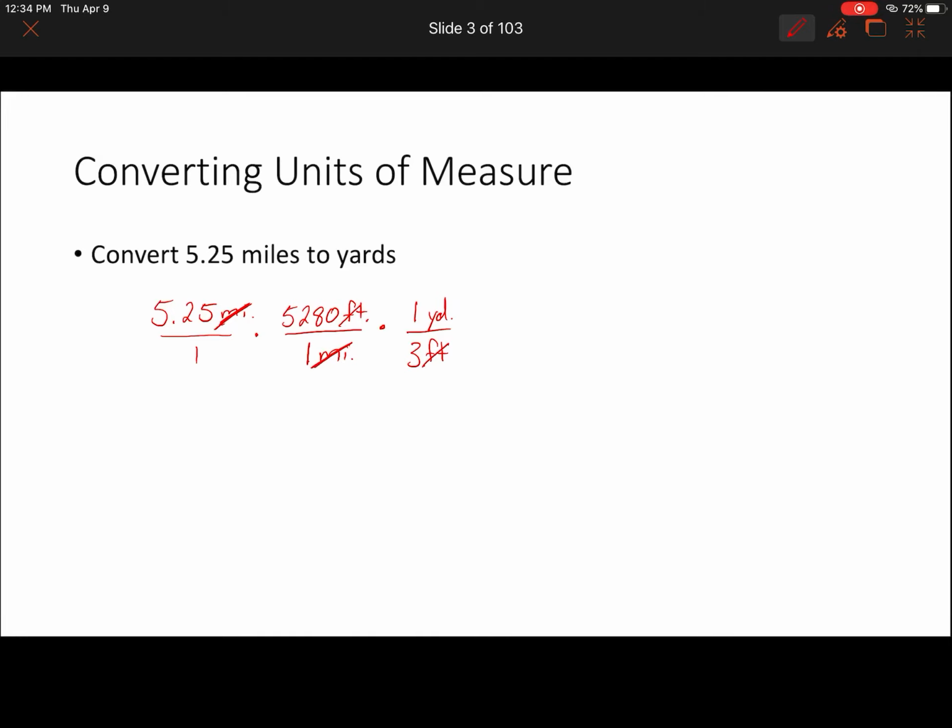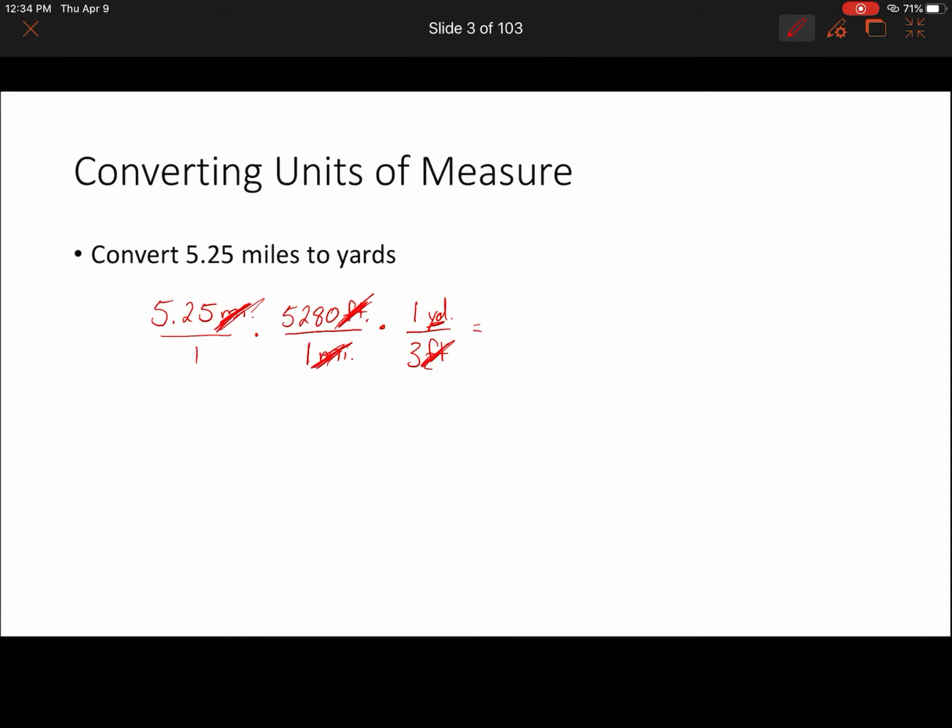And so once we have gone from mileage to footage, and then in this case back to yards, then we multiply the numbers across the top, multiply the numbers on the bottom, and then do that division. And again, what's happened with our unit is we went from miles, you see that here and here, to now feet, which now cancels, and now we're left with the yardage.